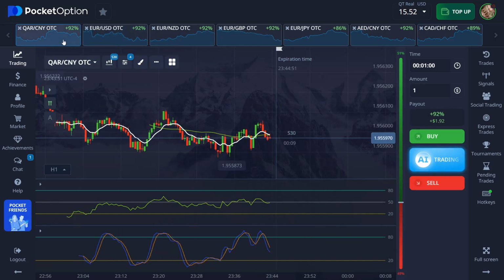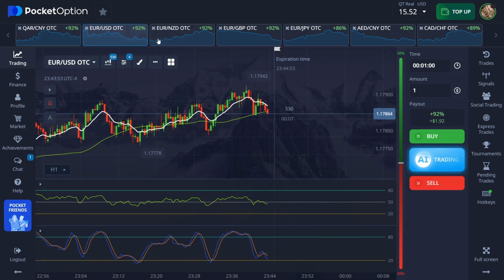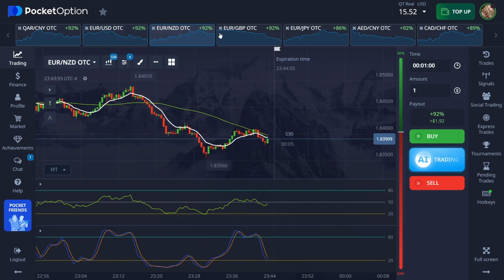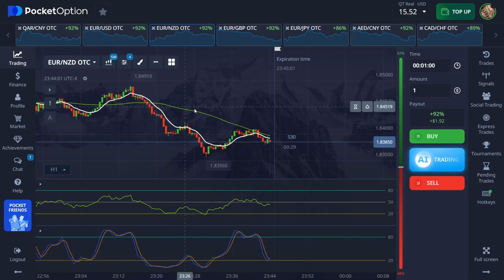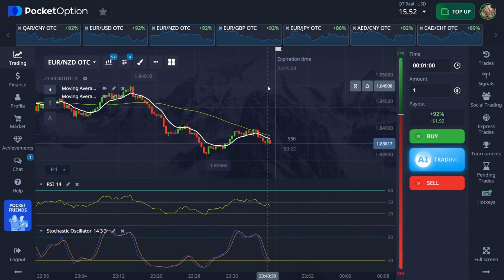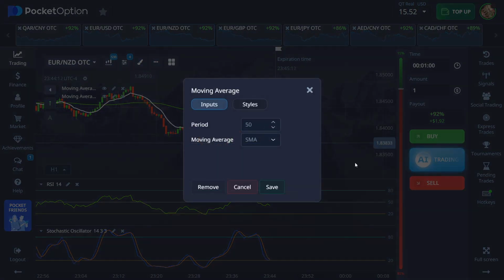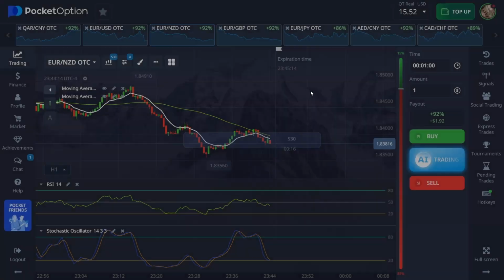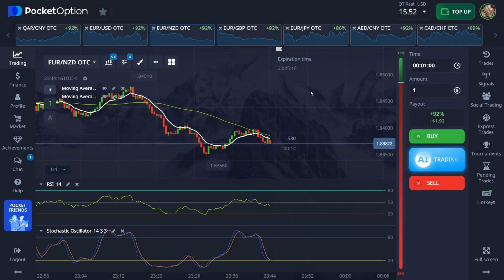We already had an uptrend example. Now you see the 50 SMA is above the price, so now you're in a clear downtrend. You have the moving average above the price, you're in a downtrend. If it's below the price, you're in an uptrend.